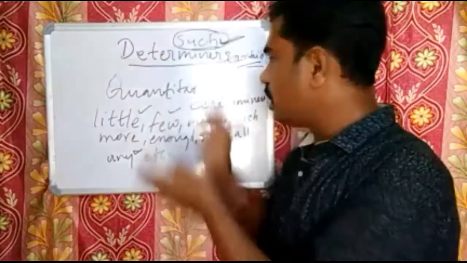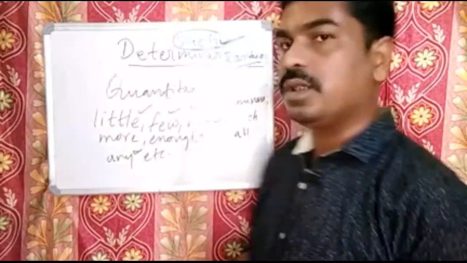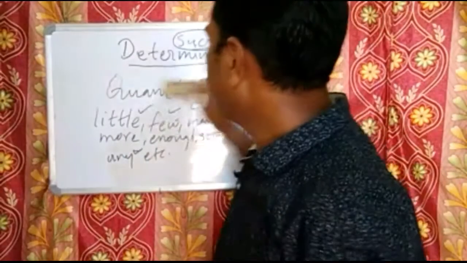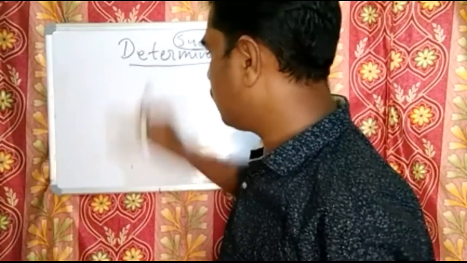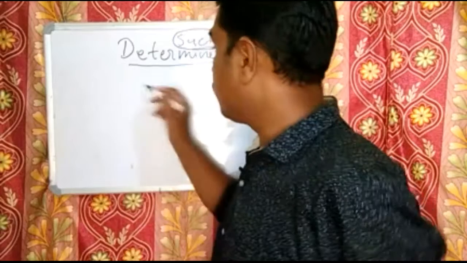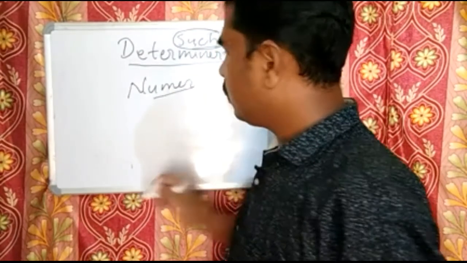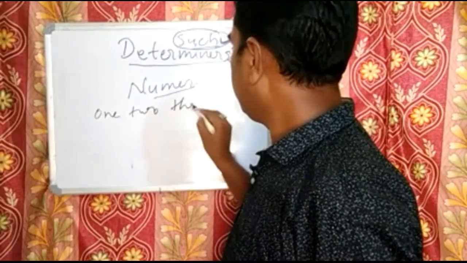So students, these are all about the quantitative determiners. And now let me tell you, there are some determiners which are called numeral determiners. This is the last part about the classification of determiners. Two types of numerals are there. One group is 1, 2, 3.